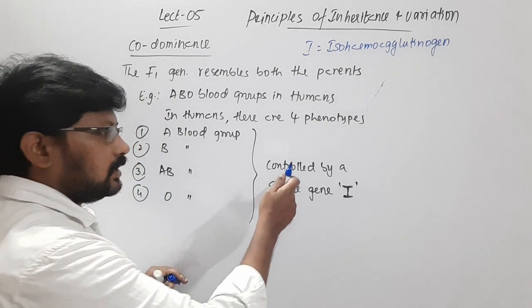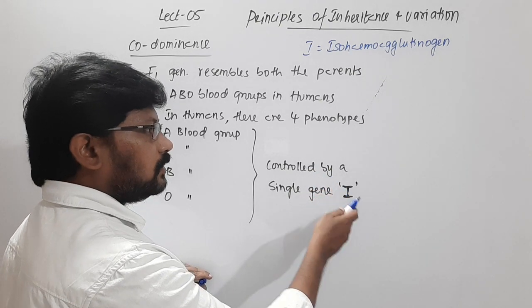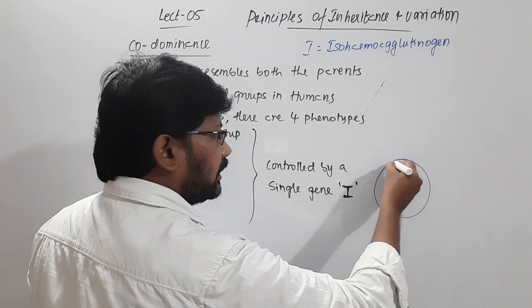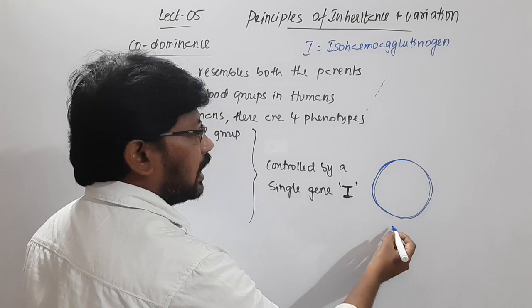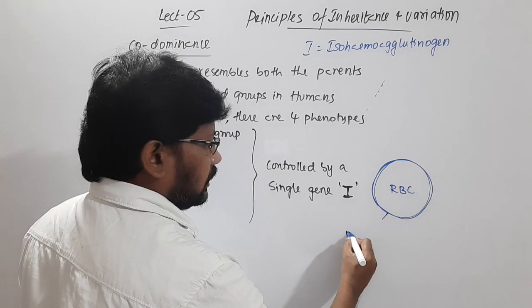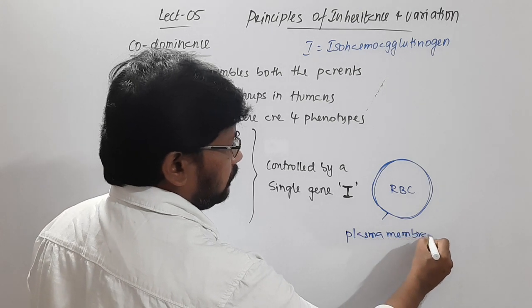Right, so the gene I will be responsible for the production of a certain type of antigen on the cell membrane of RBC. So this is an RBC, and it's the plasma membrane.